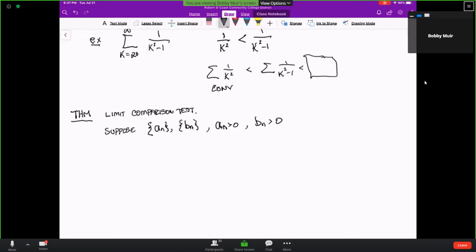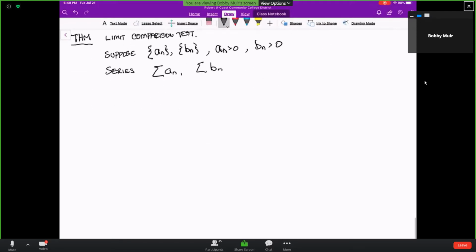We're not going to assume any one of these is bigger than the other, and we have the corresponding series, the sum of the An's and the sum of the Bn's. There are 3 conclusions that we're going to draw here. The first one is the main one.